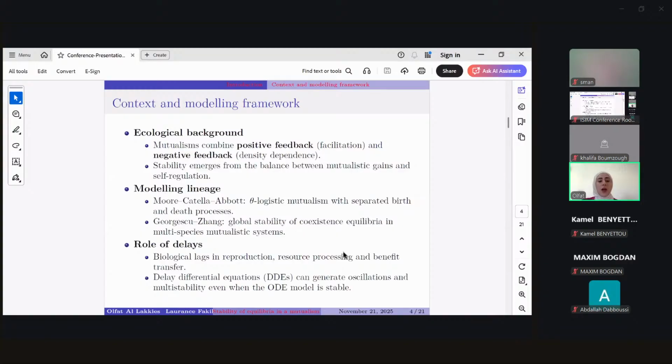Okay. Now, the context and modeling framework. Here, I provide the broader ecological and mathematical context. As we know, mutualism involves both positive and negative feedbacks. Several modeling approaches exist, but delays are especially important because they trigger oscillations or multistability.